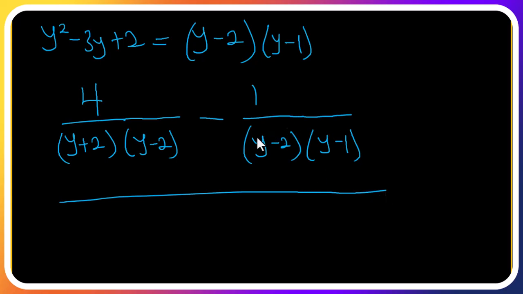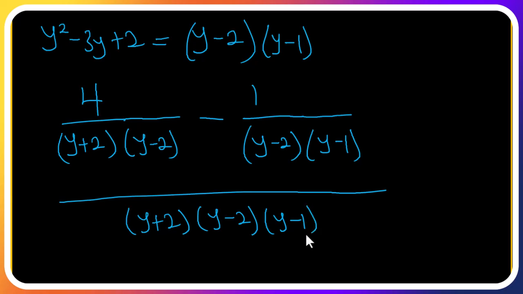So our least common multiple, which is the LCM, we pick out the common terms here. So for the least common multiple, we have y plus 2, y minus 2, and y minus 1 as our LCM.